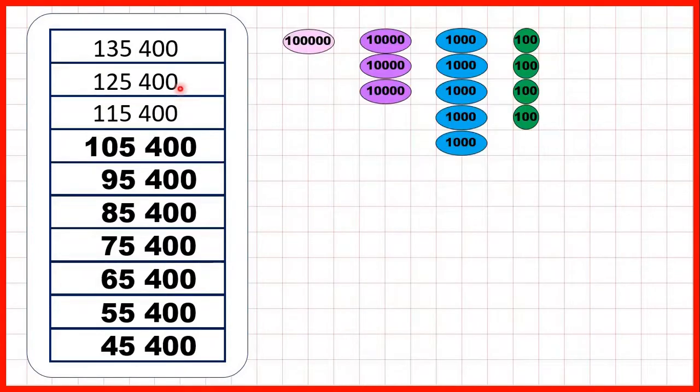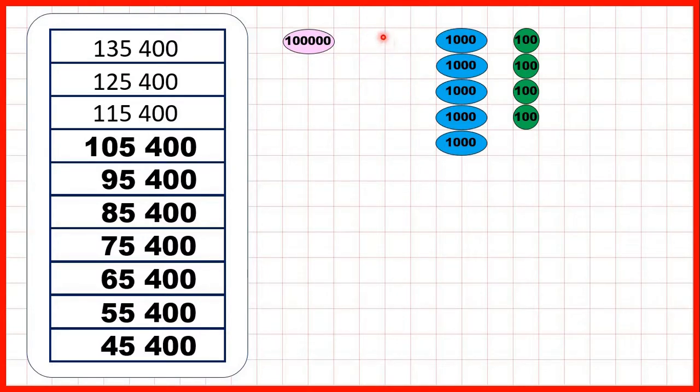So we can show place value counters to represent our counting. For this first question, we started with 135,400, which we've represented here using place value counters. Now we were counting back in steps of 10,000, so we can take away 1 10,000 counter each time.